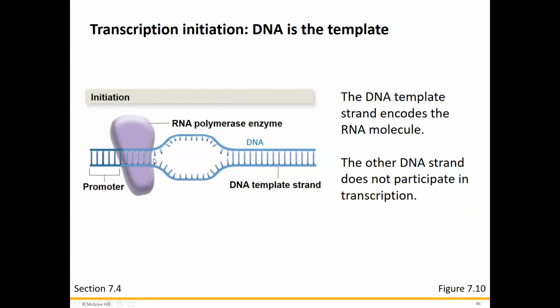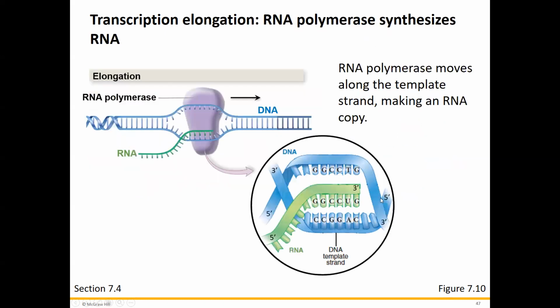So as RNA polymerase sees each one of these sequences of nitrogen bases, it finds the free nucleotide in the nucleus and attaches it to where the complement used to be. So this strand here is just going to sit back and watch. They tell you this is the template strand, this is where the gene is found. So the other one's not participating.